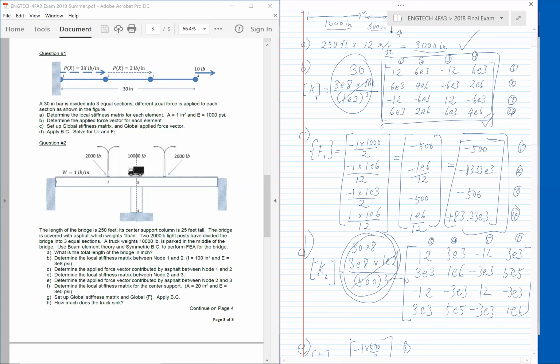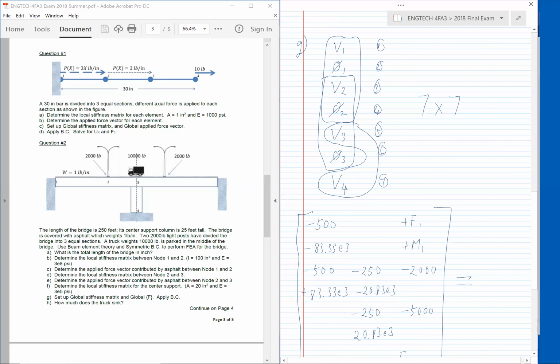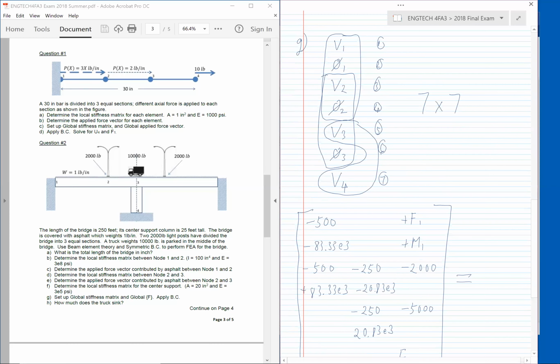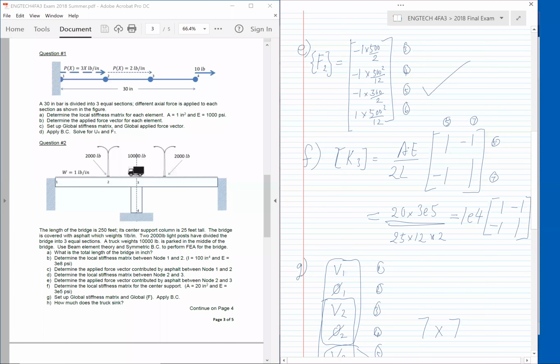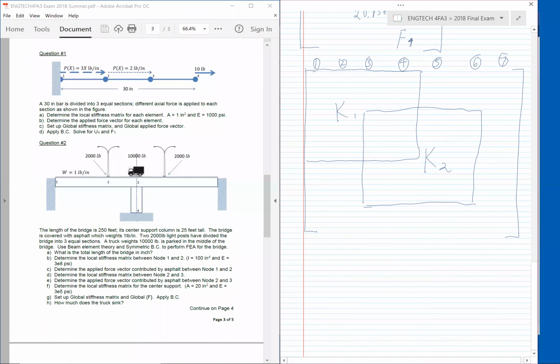You cannot just add the boxes like this. You have to multiply everything inside, then you add it together. And same as K3, you multiply that value inside the box, then you can add it, 1e4.